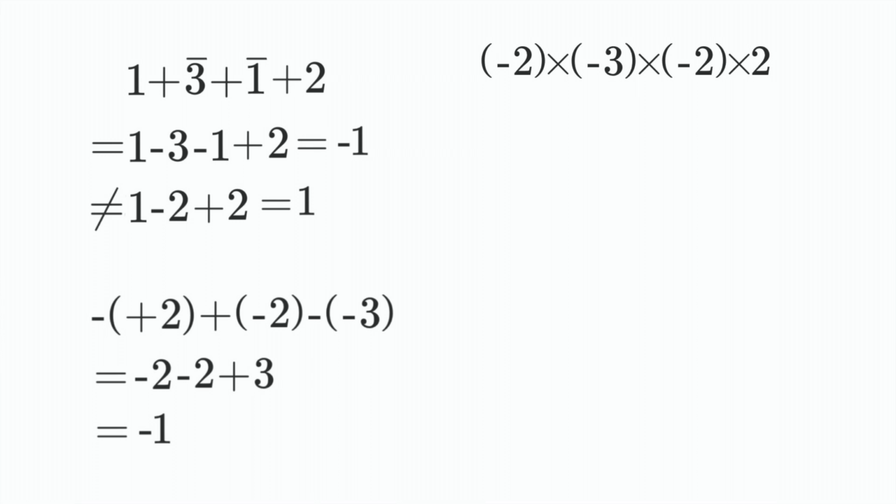When you multiply, just count the number of negative signs. When it is 3 or odd, the product gets negative. 2 negative signs cancel out, and the product of the magnitudes remains.